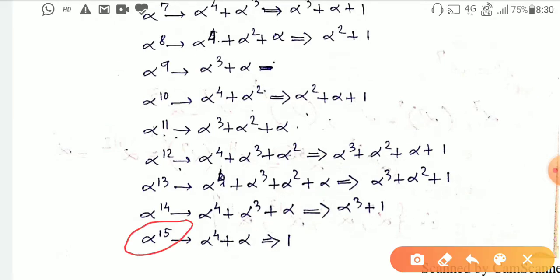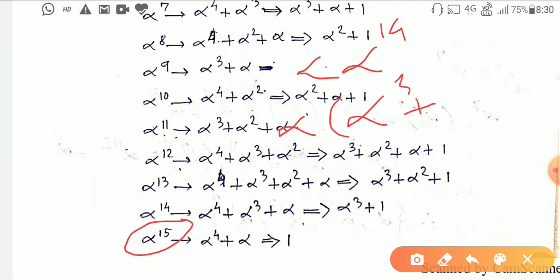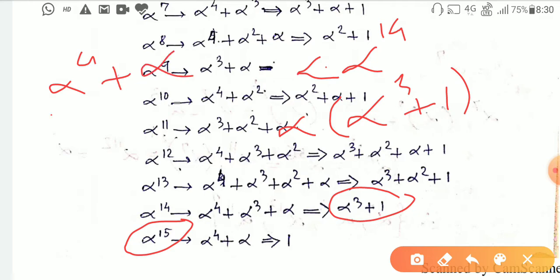Now lastly we check that the value for alpha to the power of 15 is equal to 1. Alpha to the power of 15 can be written as alpha into alpha to the power of 14. So this will be alpha into alpha cube plus 1, because alpha to the power of 14 is alpha cube plus 1. The product value will be alpha 4 plus alpha, and as we know alpha to the power 4 is equal to alpha plus 1, then plus alpha.